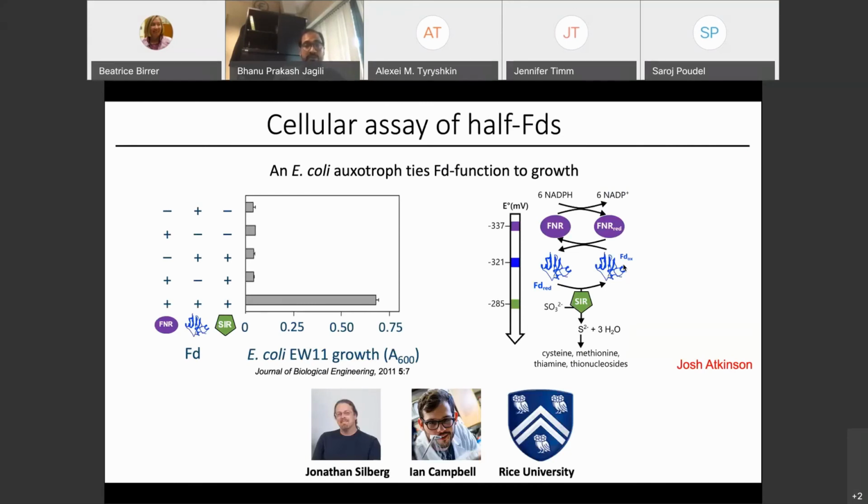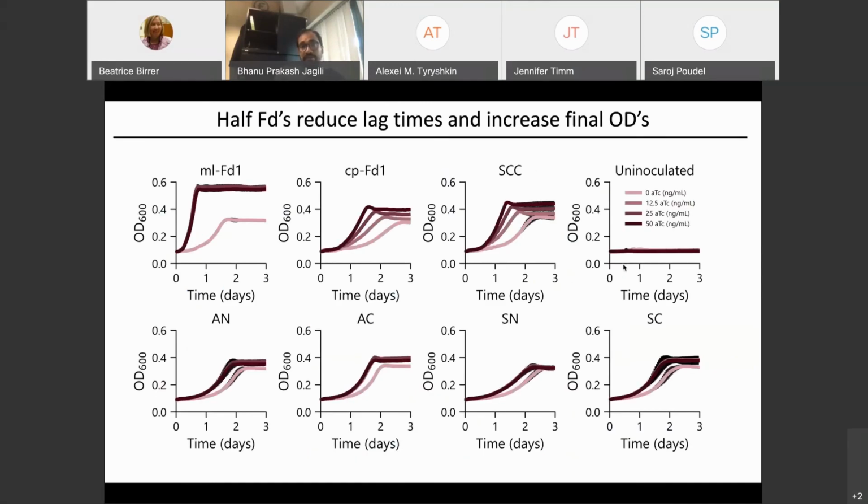So here are the results from Ian Campbell. In the top panel, we are looking at a lot of controls. The first 3 are the positive controls, and the last one is a negative control. When we have the wild type ferredoxin, you see that in presence of ATC, the E. coli cells can be rescued very fast.